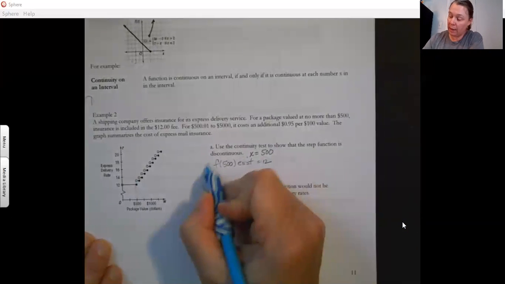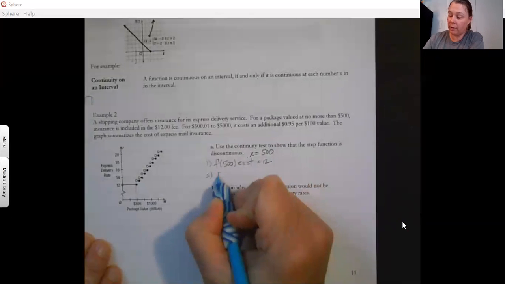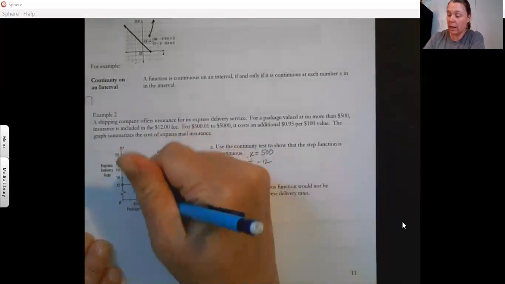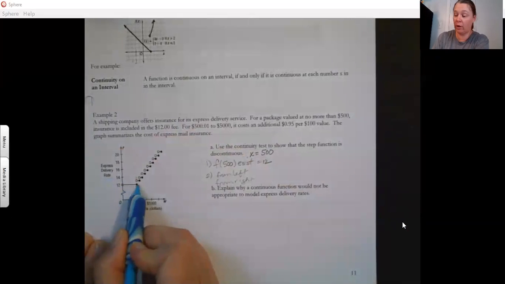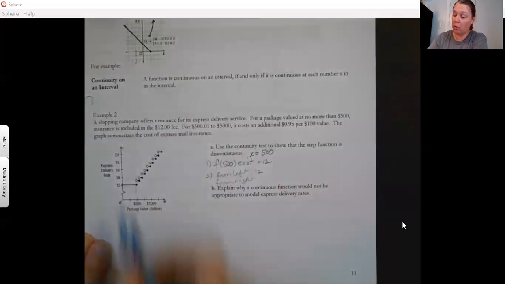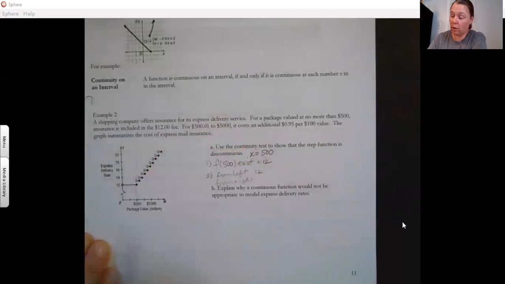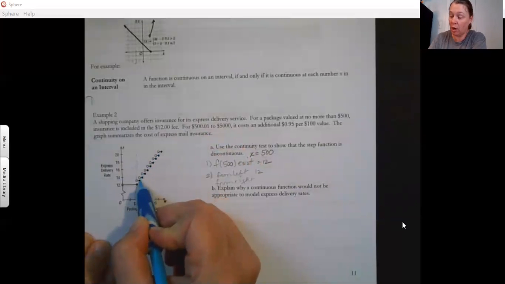All right, now my second step is I approach 500 from the left and from the right, what am I getting closer to? Okay, so here's my 500. As I approach that 500 from the left, heading towards the 500, the y value I'm getting closer to is $12. As I approach this 500 from the right, heading towards the 500, right? So I start up here and then I jump and I jump and I jump here.